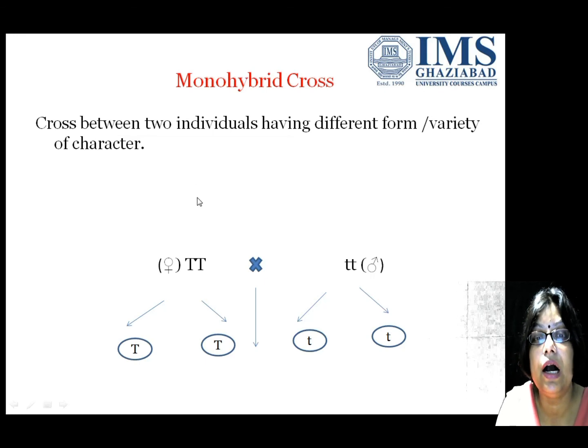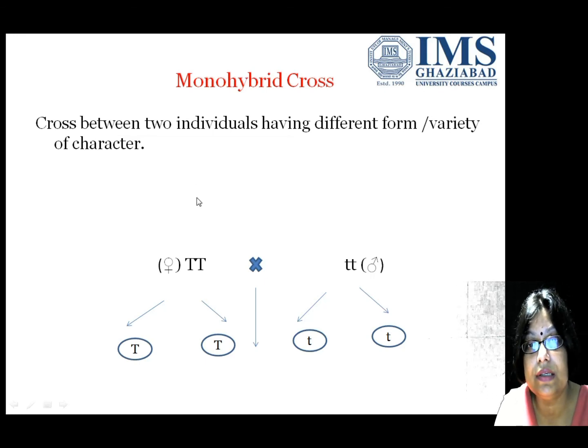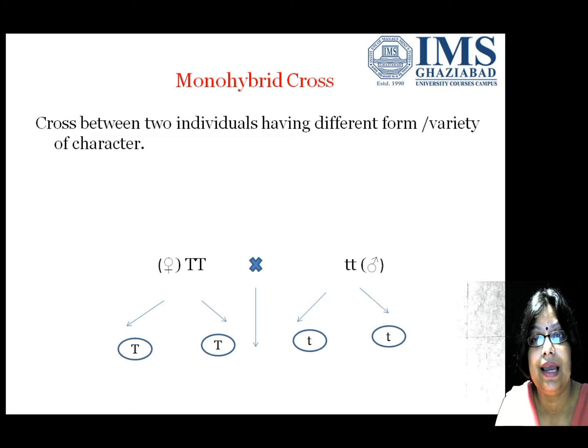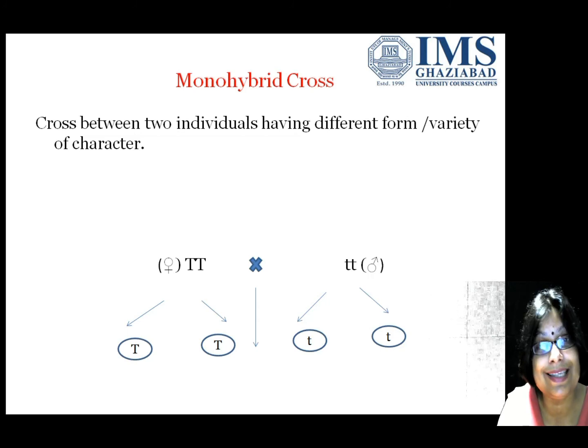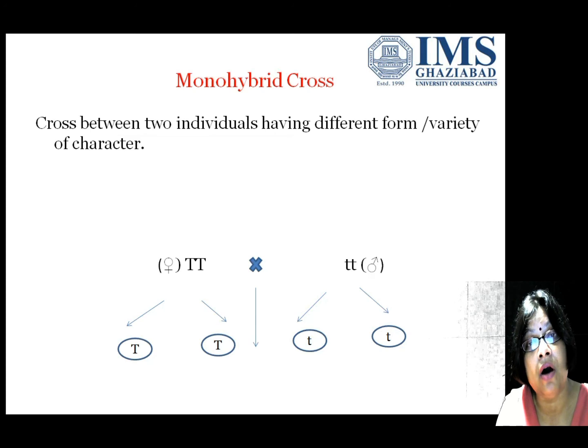we have a character, the length of the stem. The length of the stem has two different forms. The character is one, but it differs in form or variety. The length of the stem is present in two varieties, one is tall and another is dwarf.